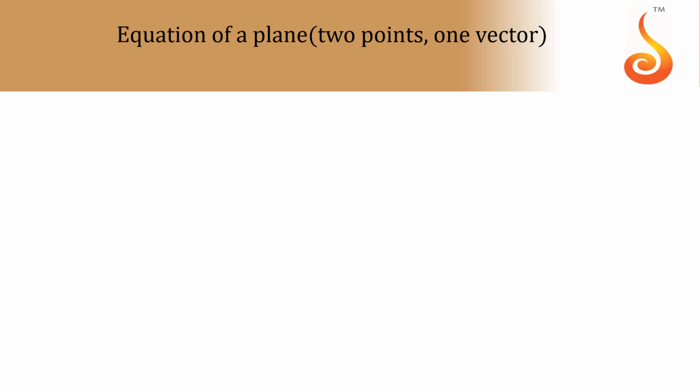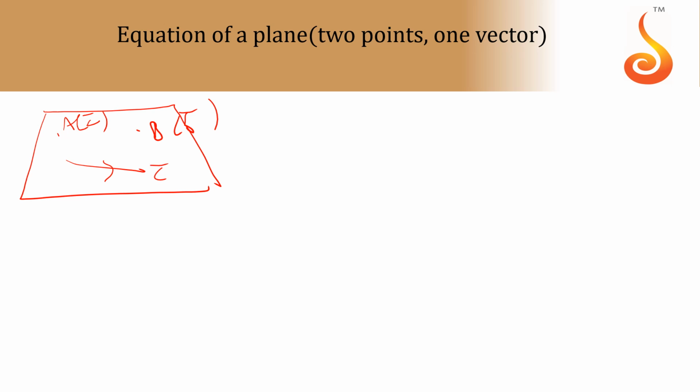Two points, one vector. Suppose you have a plane with A bar, B bar, and there is a vector C bar. By joining this, you can get B bar minus A bar as one vector. Then shift it to the basic structure. So I can say that R bar equals A bar plus lambda times B bar minus A bar plus mu times C bar.